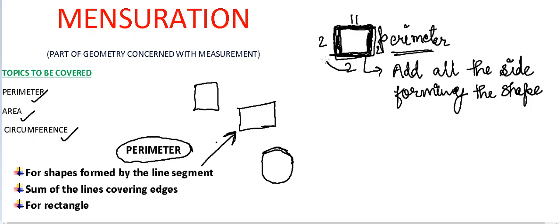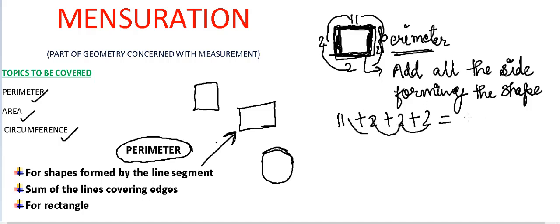We are just going to add all the sides. The perimeter for this shape will be 11 plus 2 plus 2 plus 2. The answer is 17.